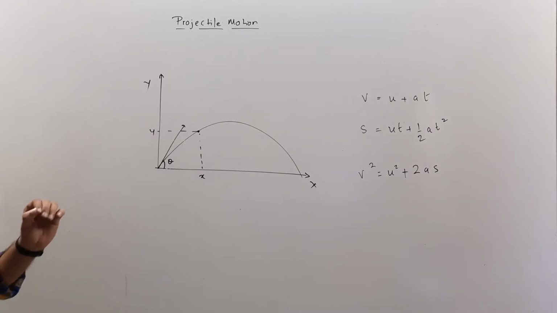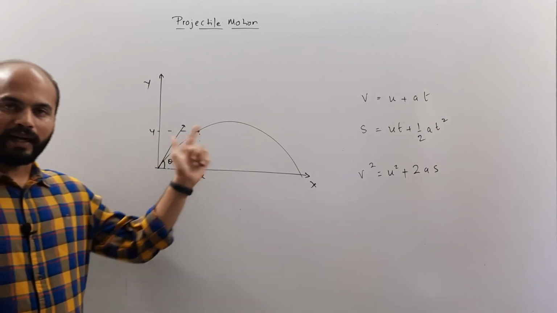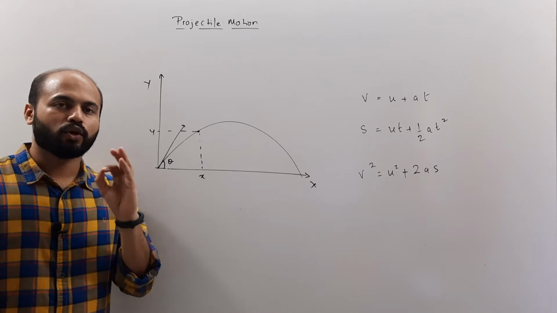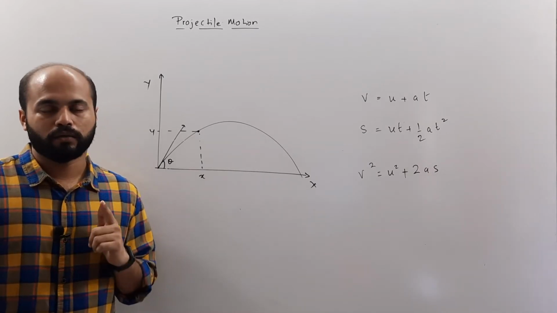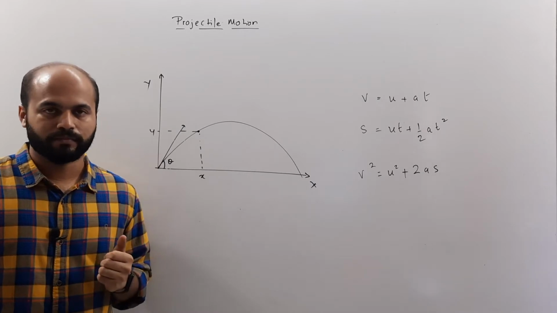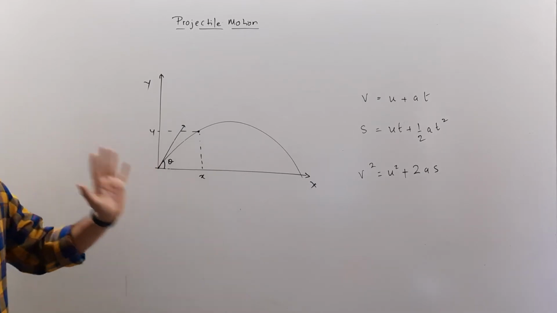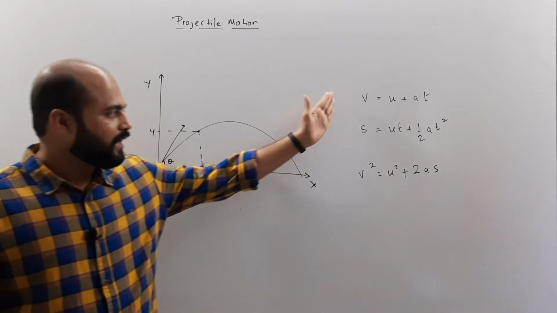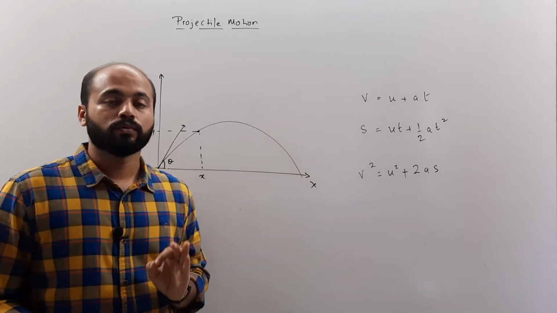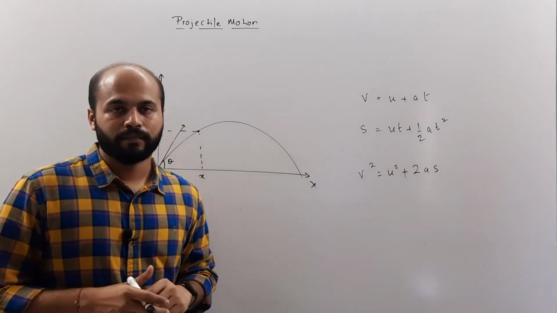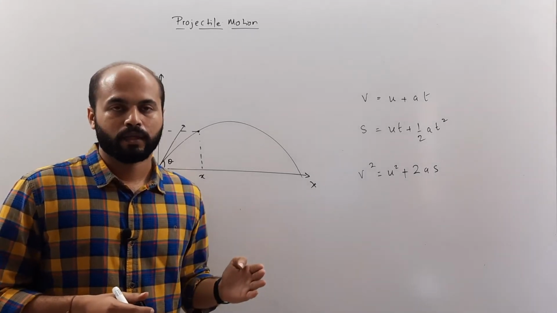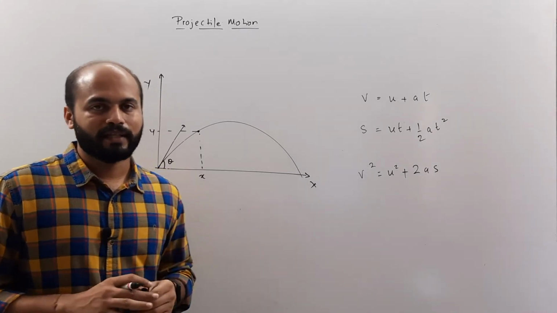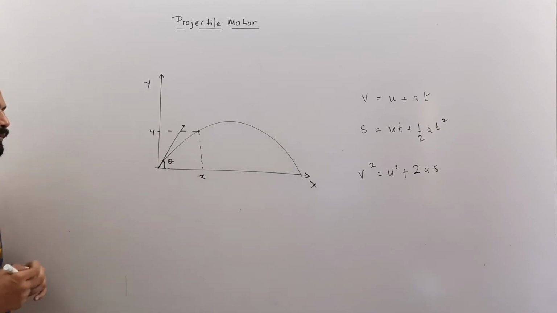This means that to locate a given point in the trajectory, we need x comma y to define that particular point. That is why it is called motion in two dimensions. So when we are talking about projectile motion, we will have to write the same equations, but now we will have to analyze them separately for x and separately for y. So let's do this and see how we can apply it.